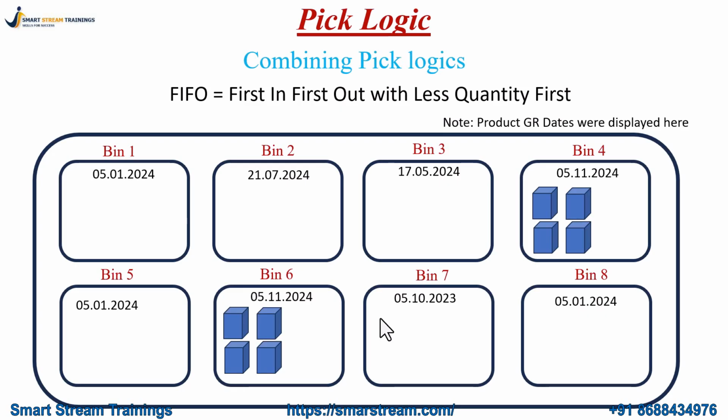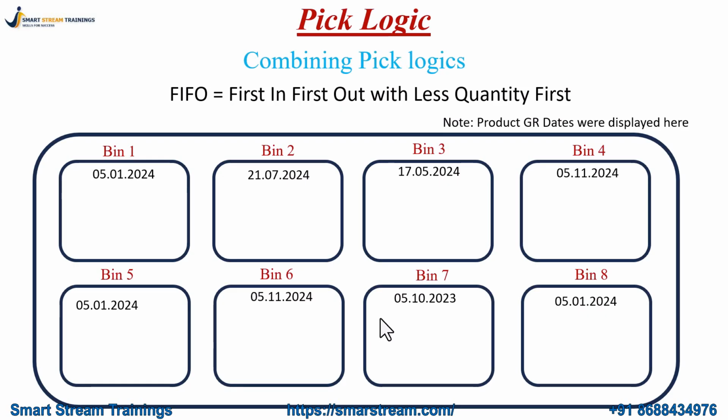In the bin sorting, I have maintained bin 4 as the first bin, so the system will try to pick from bin 4 and bin 6 accordingly. This is how we can combine different logics into the pick logic. Those logics we call sort rules.